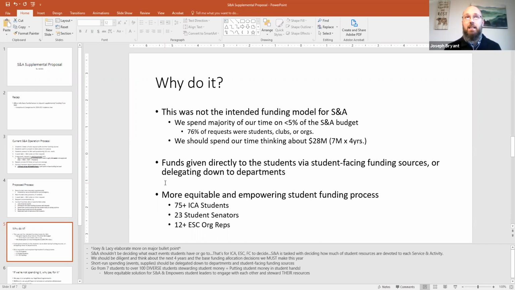It is intended as a supplemental option for base funded units to come back. This is why in the past the committee has funded things such as the Club Senate to provide funding for clubs to go on trips as base funding, because their approval process is much faster. They have the funds available, they go through their pieces internally, and it doesn't have to go all the way up through the administration. Again, S&A is intended as the overarching umbrella of that.